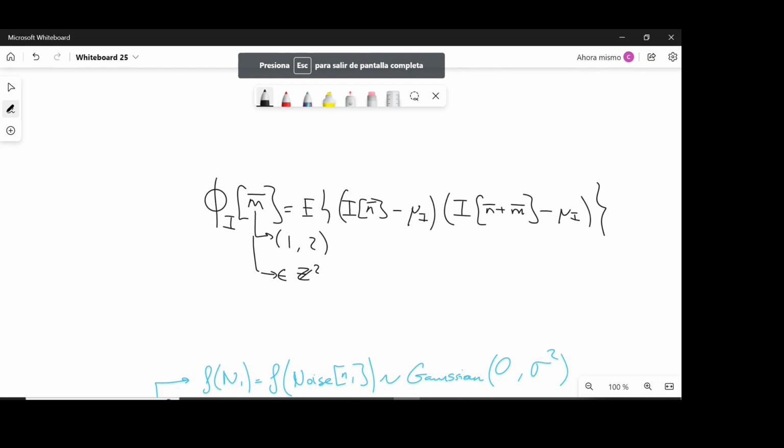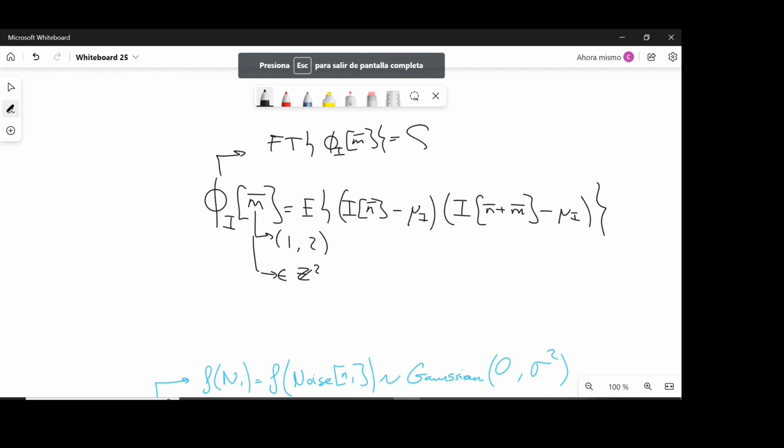And just a reminder, this you already know, the Fourier transform. So the Fourier transform of the autocorrelation is what? The power spectrum density.